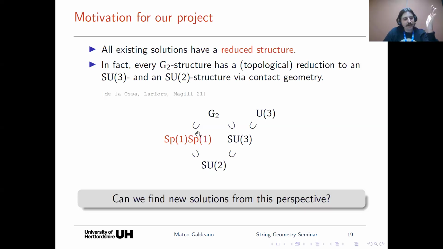In this talk, I'm going to focus on this Sp1, because what we observe is that when the holonomy of the characteristic connection associated to the G2 structure reduces here, then we actually have some tools to solve this heterotic G2 system.